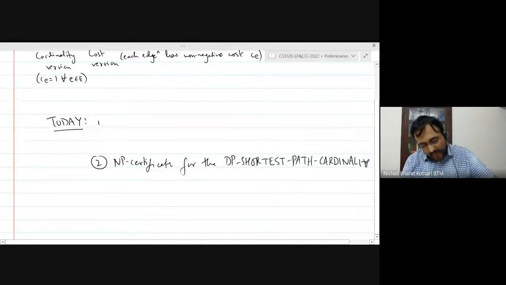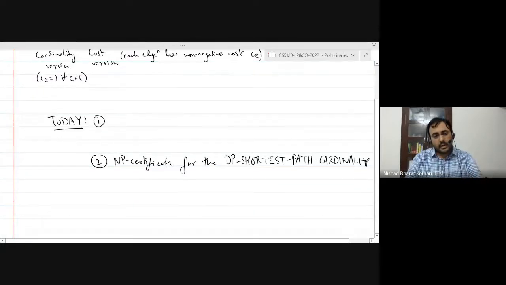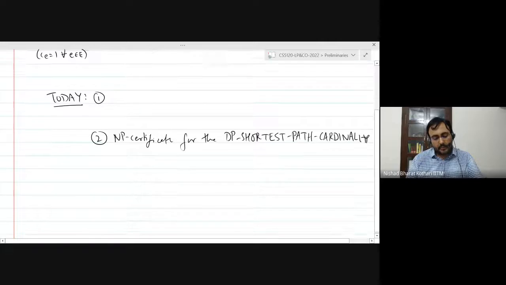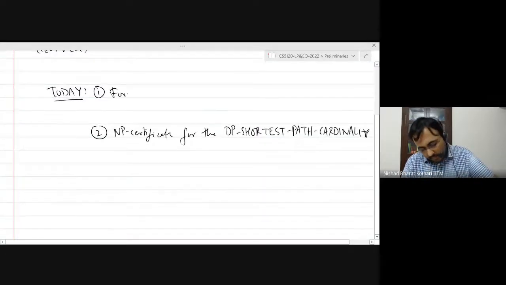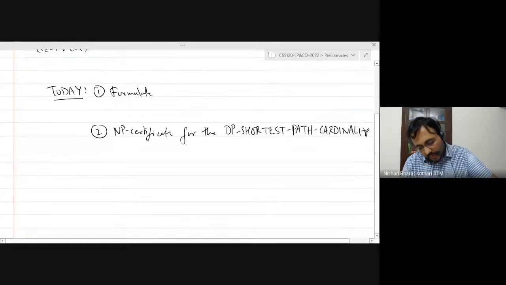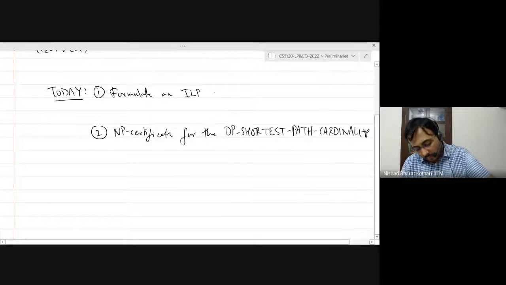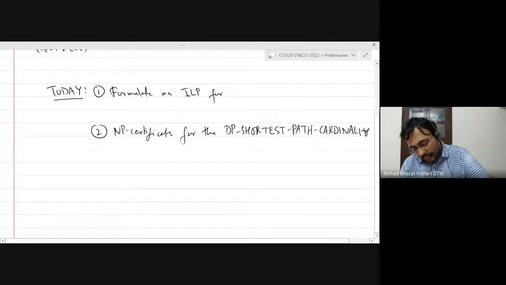But apart from that, I also want to talk about the other try it yourself problem that I gave on Piazza, which is to formulate an integer linear program for the shortest path problem.